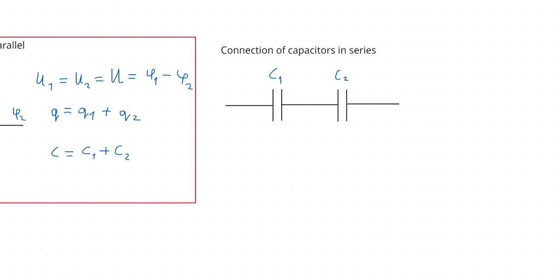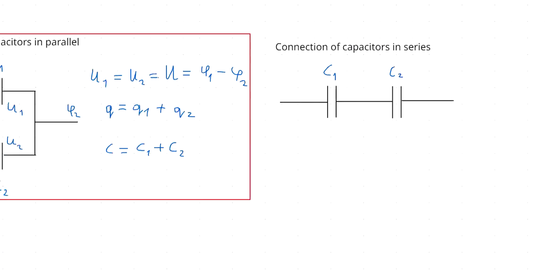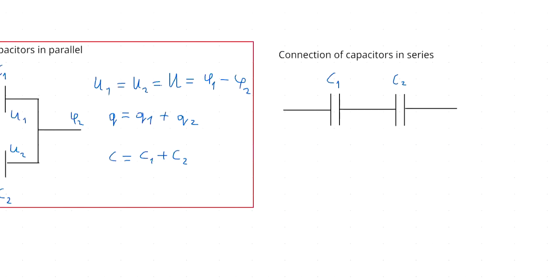Okay, what can we say about the potential difference? Here we have electrostatic potential phi 1. Here we have electrostatic potential phi 2. But we also have a third conductor, because the first conductor is here and it has potential phi 1.